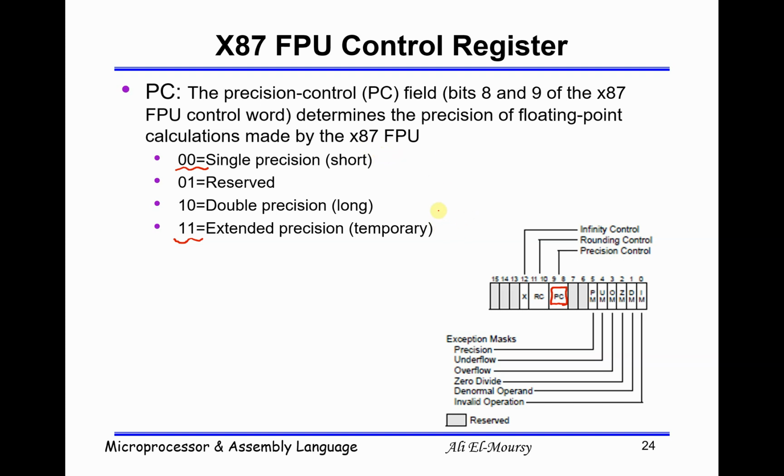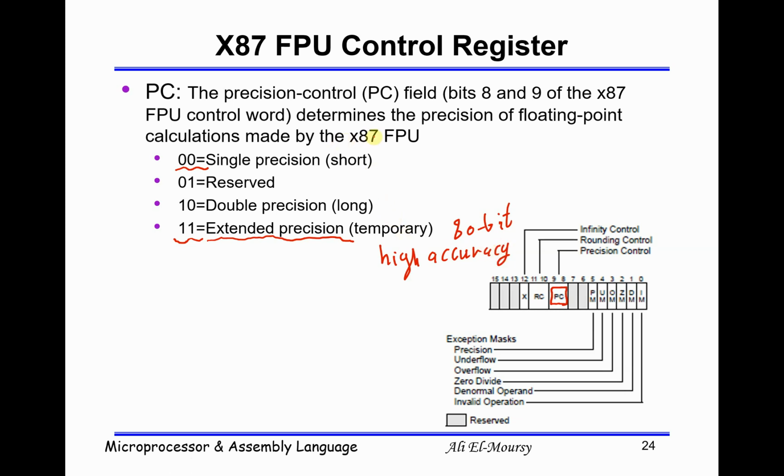If I want very high accuracy in my mathematics, I will go for the 80 bits, the extended precision.